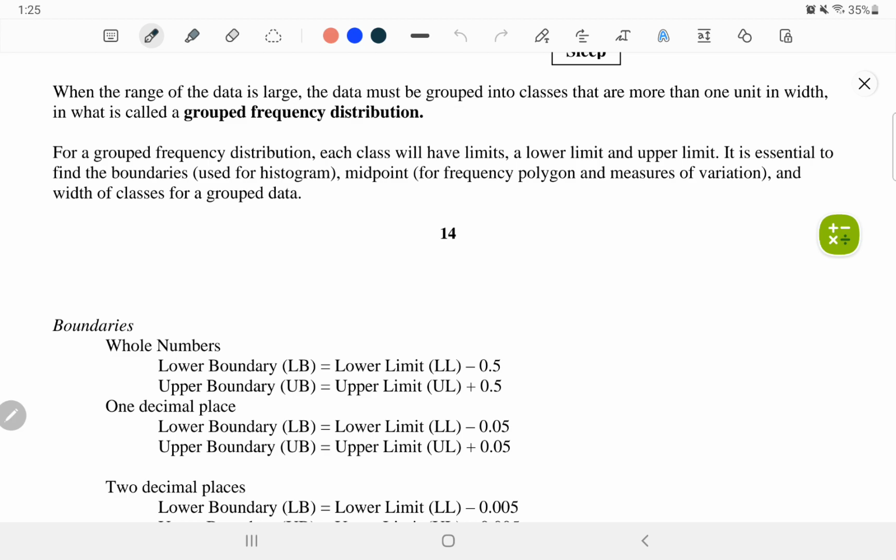It is essential to find the boundaries, which are used for the histogram, the midpoint, which is used for a frequency polygon, the measures of variation and measures of central tendency, which we'll see in chapter 3, and the width of the classes for grouped data, which is the distance between each and every class. So we're first going to learn how to find the boundaries, the midpoint, and the width for a single class.